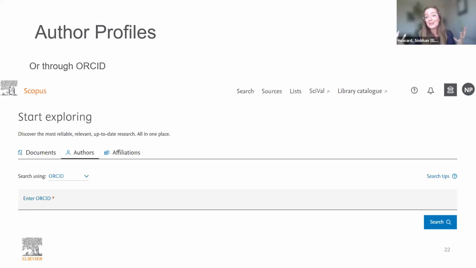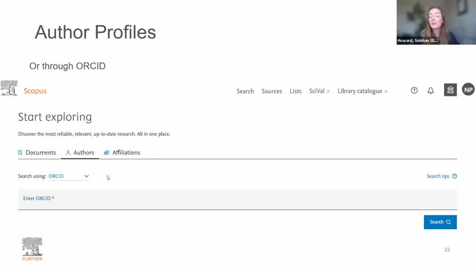However, if they don't, you obviously won't be able to search for their ORCID and have the profile pulled through. So if you are at an institution that has really done this kind of data quality work and managed ORCID maintenance for profiles, this can be a really easy way to quickly find and search for people. Otherwise, I would suggest using the naming convention as the easiest and quickest way to find people.